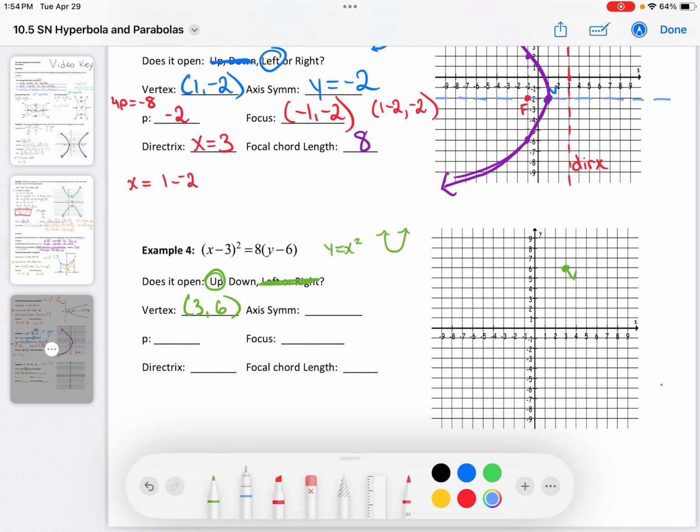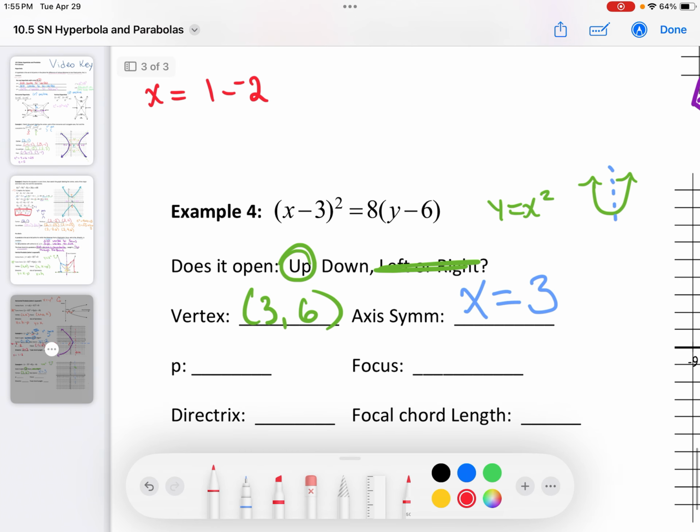The axis of symmetry has to go through the vertex in the direction the parabola goes. It's going to be a vertical line. So that's x equals. It has to go through the vertex, so it has to have the x of the vertex. X equals 3 being your axis of symmetry. 4P is 8.